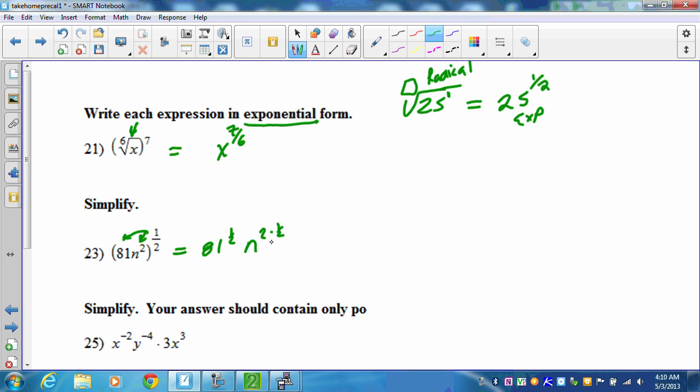Of course, this just leaves you with 2 over 2, or n to the first. And of course, just from the last problem, the square root of 81 is what that can be written as, which equals 9. So we just have 9n. Alright.